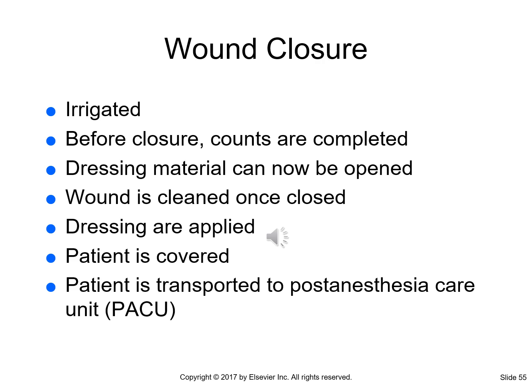At this point, once you've done your counts and counted your soft goods, your dressing material can now be opened or distributed to the field, or if it's already on the field and you've hidden it away, you can pull it out. So definitely never bring dressing material to the field until after the deep wound is closed. You can bring it when you're closing the superficial part of the wound, okay? It's just important that you don't do that.